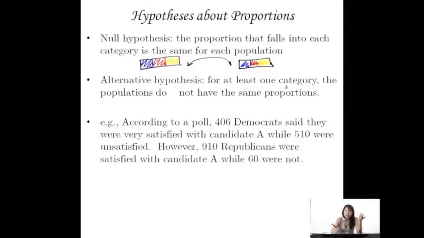And in a chi-square test of homogeneity, we could see whether the proportions of Democrats who are satisfied are similar to the proportions of Republicans who are satisfied versus unsatisfied. So let's draw this out first.